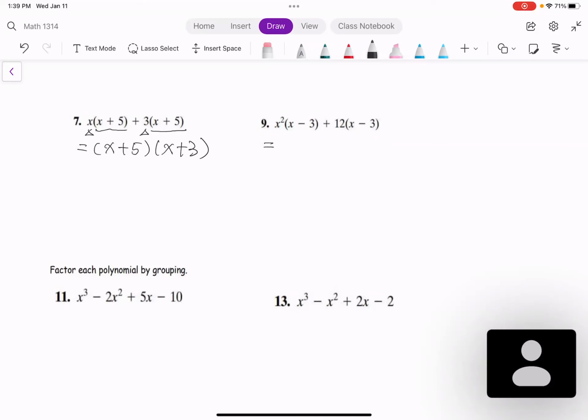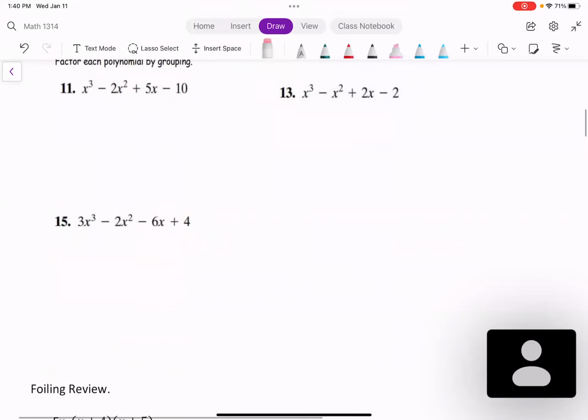Number 9, the GCF is x minus 3. We can factor out x minus 3. Here is plus; you cannot change the sign between them.